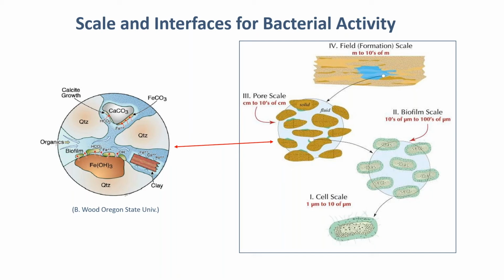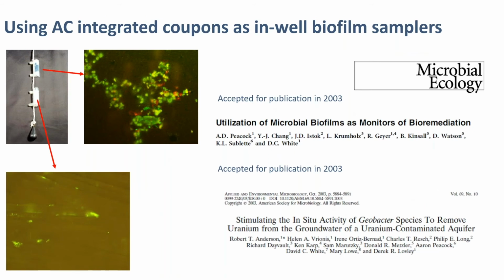The interfaces include geochemical, say like at an aerobic, anaerobic interface, things are going to happen there, or it could be physical, like liquid to solid. So geological facies, things like that. Everything happens at interfaces. So when I was working as a researcher at the University of Tennessee, we thought that sampling groundwater for microbes might not be providing the full picture of what was going on in the subsurface.